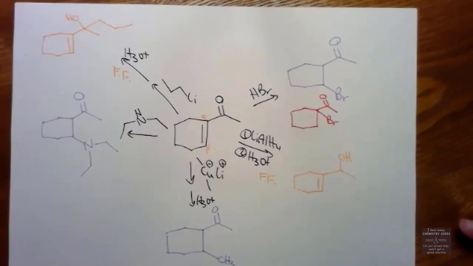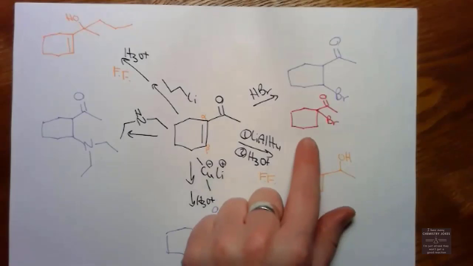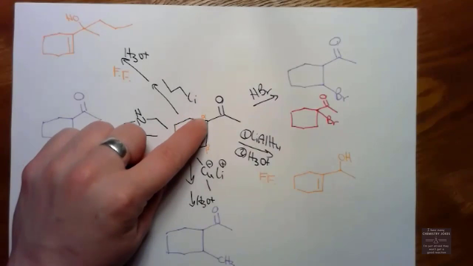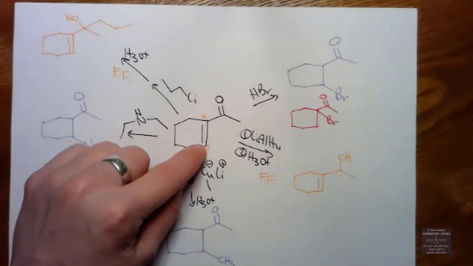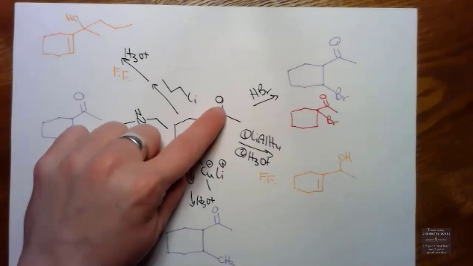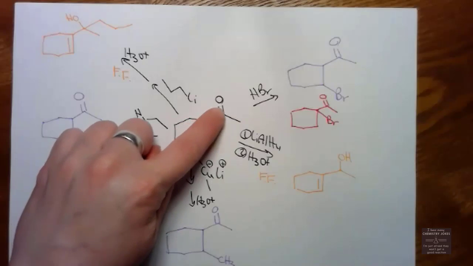that's not the product. Even if you were trying to use old reactions, old knowledge, HBr to an alkene, this still should not be your predicted product, because carbocation here versus carbocation there, carbocation here is bad news because it's next to an electron withdrawing group.